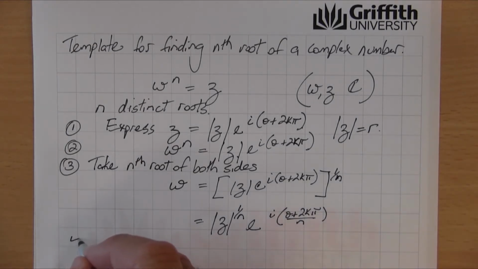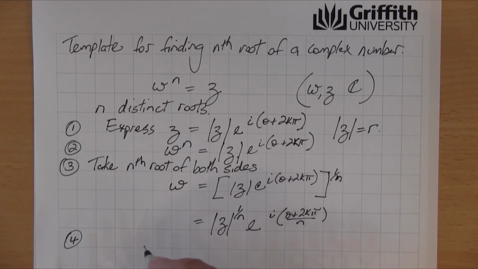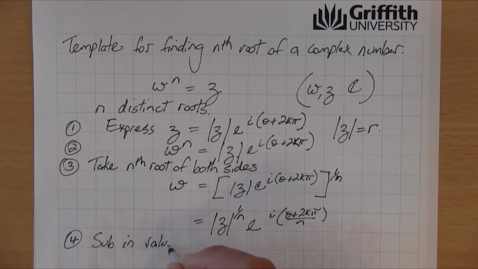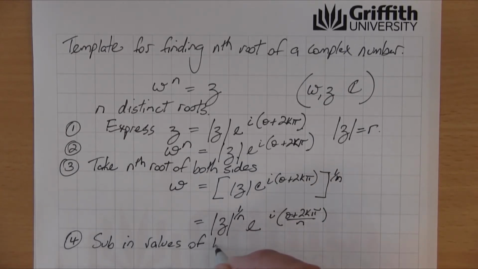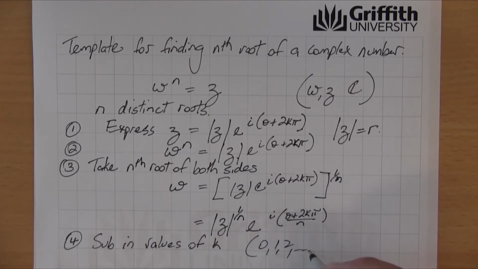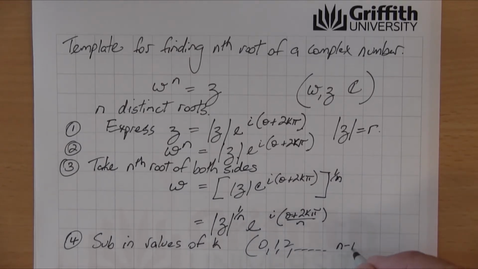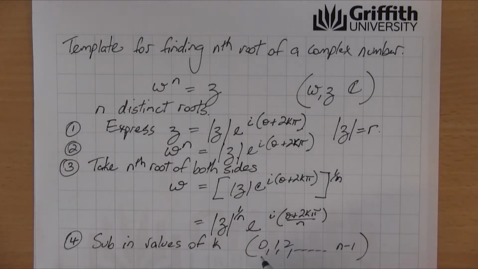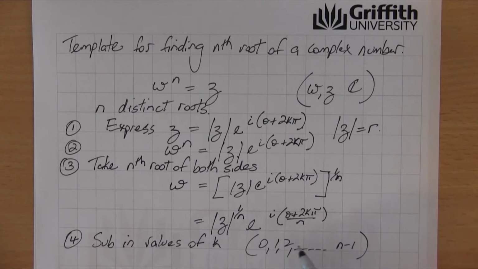So then our next step is to sub in values of k. And we use 0, 1, 2, all the way up to n minus 1. So, as I said, k has integer values, and we sub in values of k from 0 all the way up to 1 less than the value of n.